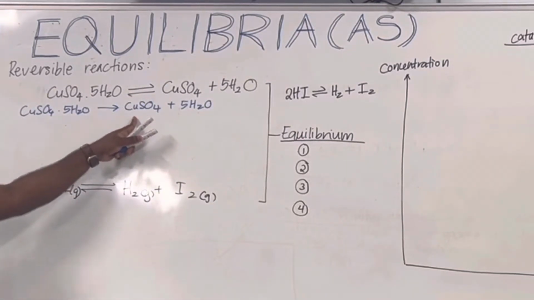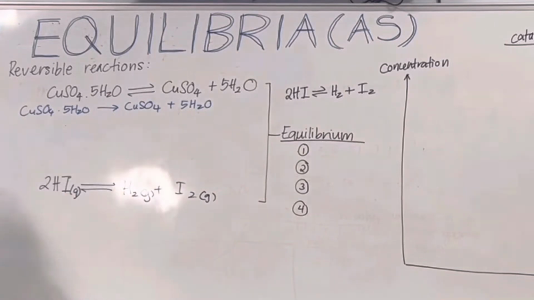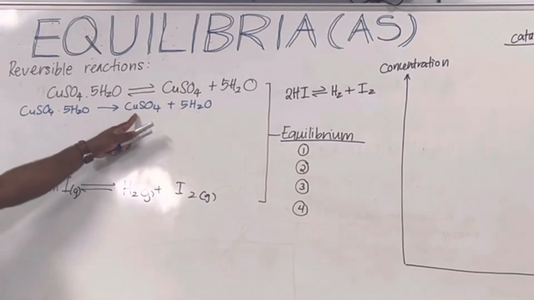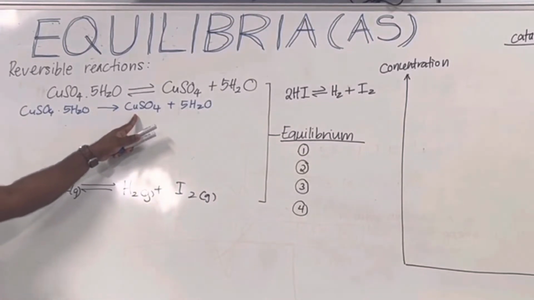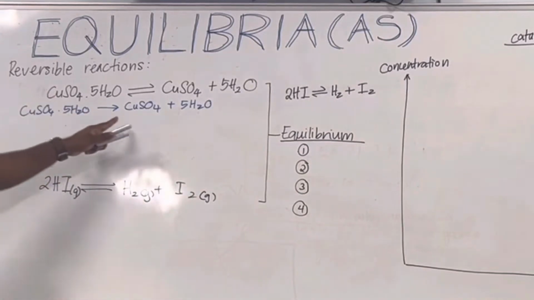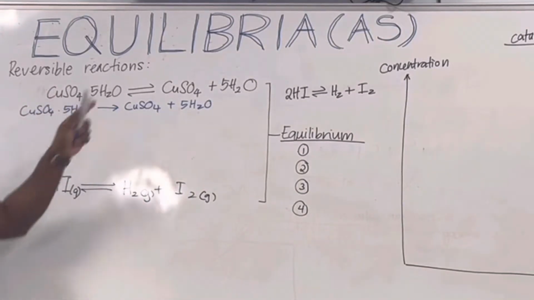And this anhydrous copper sulfate is actually one of the tests that we can use to find out the presence of water. You just put water droplets into anhydrous copper sulfate, which is the white powder. The moment there is water, it is going to change into hydrated copper sulfate.